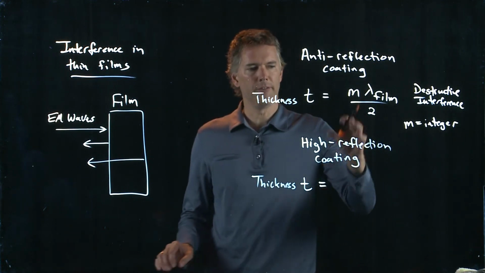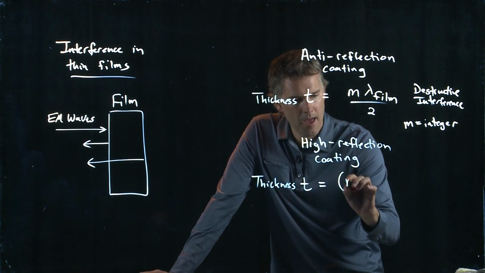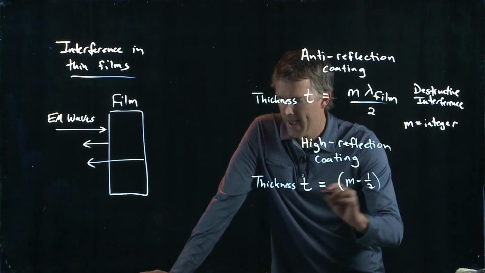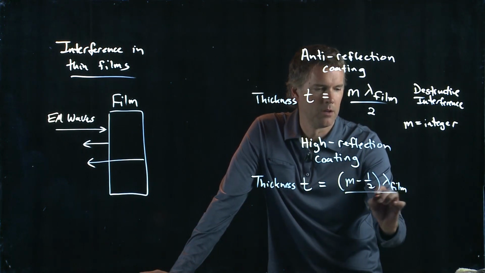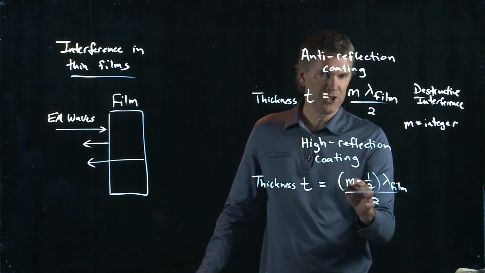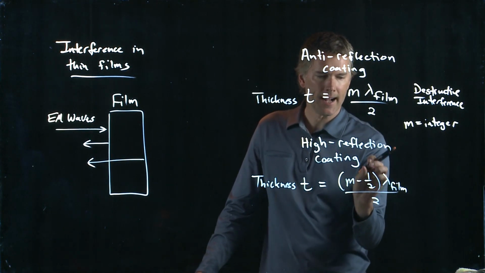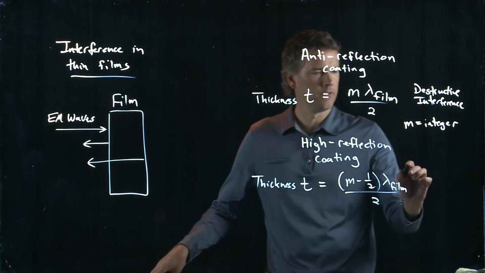Okay, the thickness T for the high reflection coating is the following. T equals (M minus 1/2) times lambda film, all over 2. Okay, and we've shifted the reflection by a half a wavelength. And when we do that, now it becomes constructive interference.